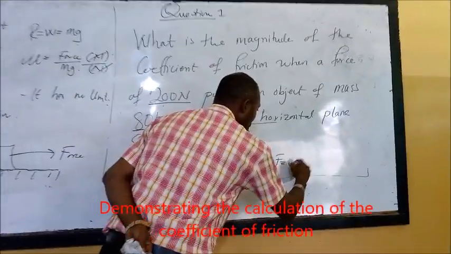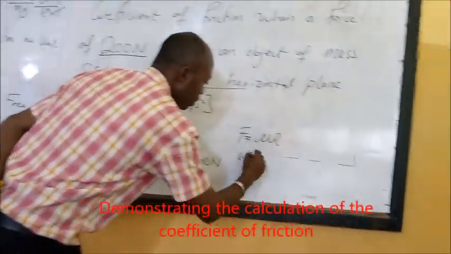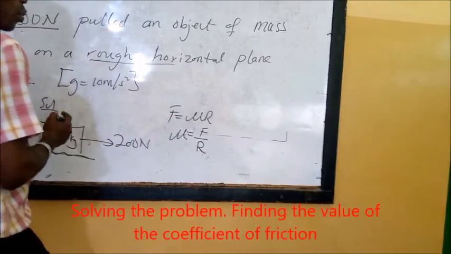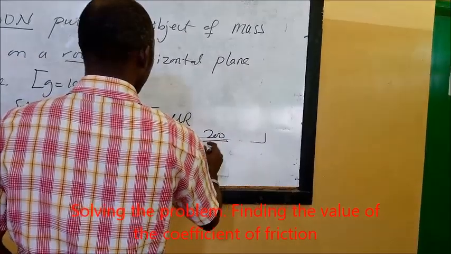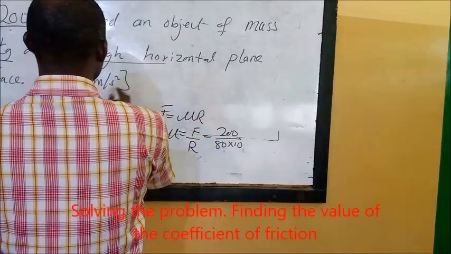So we know that the force is given by this. So we can say that mu equals 200 divided by 80 times 10, because g is 10.